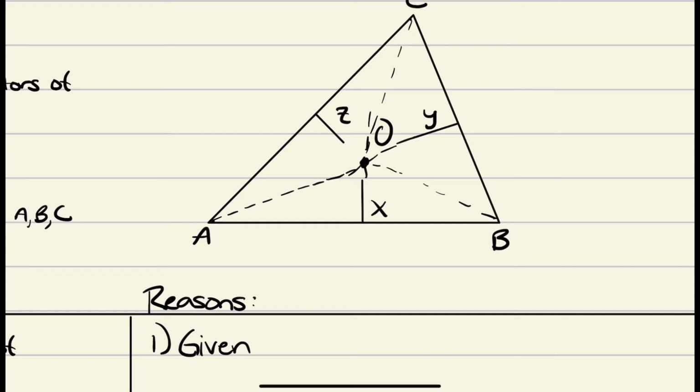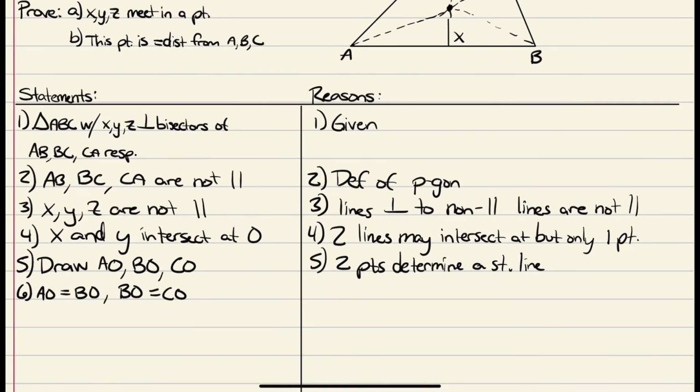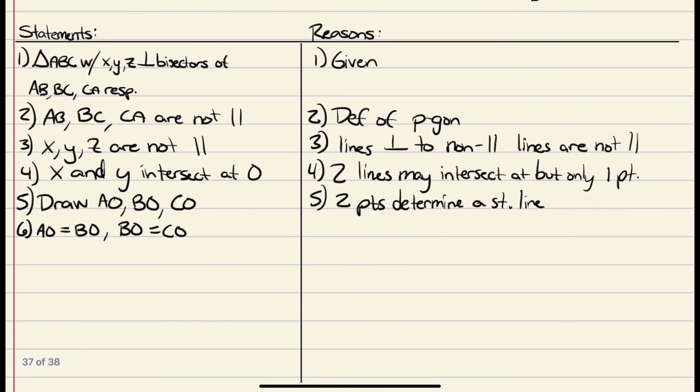That's pretty incredible. And O is also a part of this perpendicular bisector of this other line, so it is also equidistant from the ends of that line segment. We are using the previous theorem, or even a corollary, I can't remember at this time, to help us prove this.